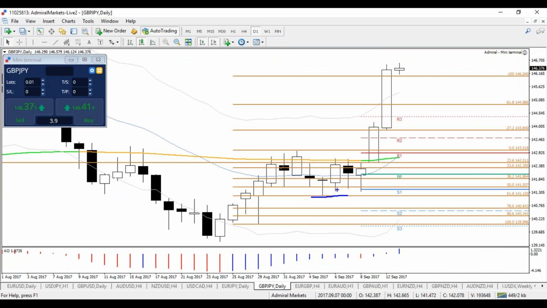Or we can wait for the reaction to the fib, either this wick or this bullish candle, but put the stop loss tighter below the low instead of below the weekly low, and aim for the fibs again, right? So pretty straightforward things for the pound yen, but in a ranging environment though. So that's always a little bit more difficult.